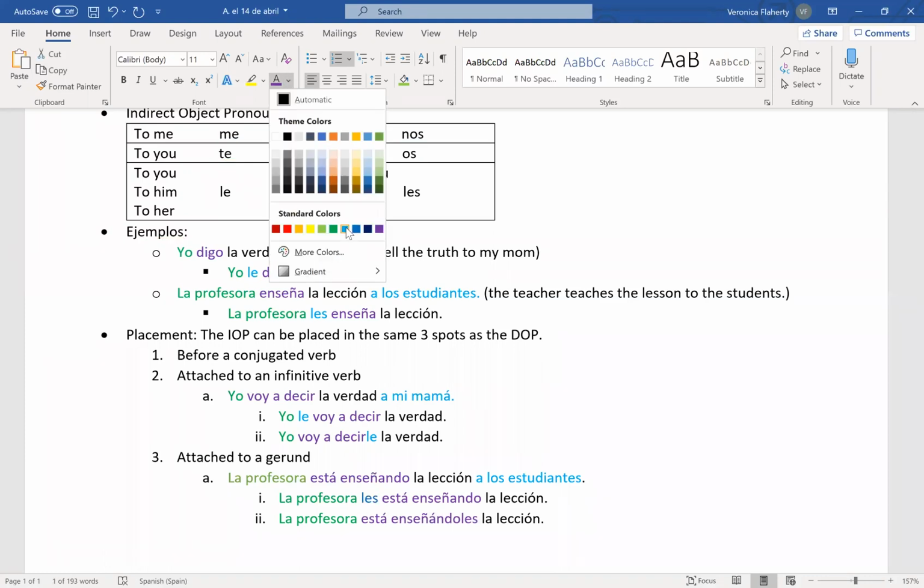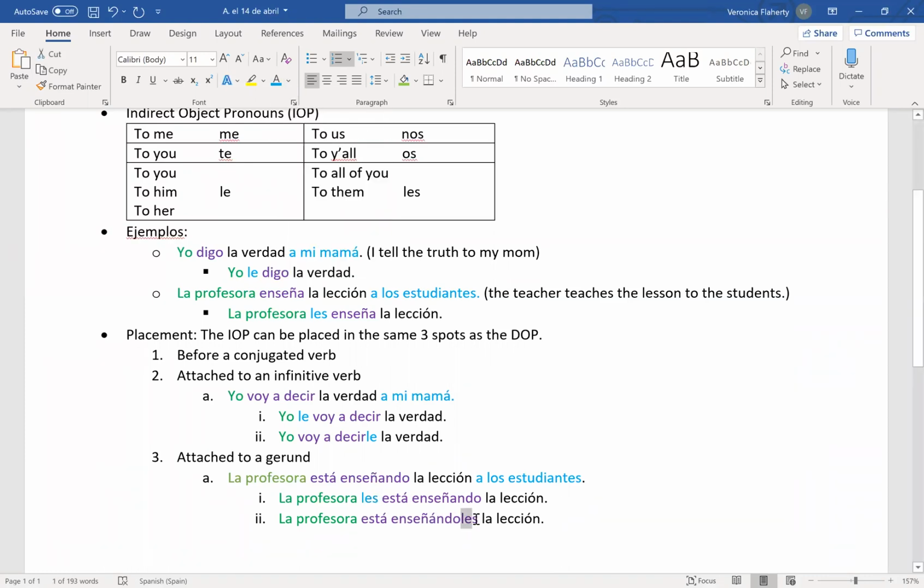So you guys can choose whichever way you like better. When I was a student, I almost always attached it to the end when I could, just because I liked it better, but you don't need to. You can put it before, since it can always go before. Any questions?